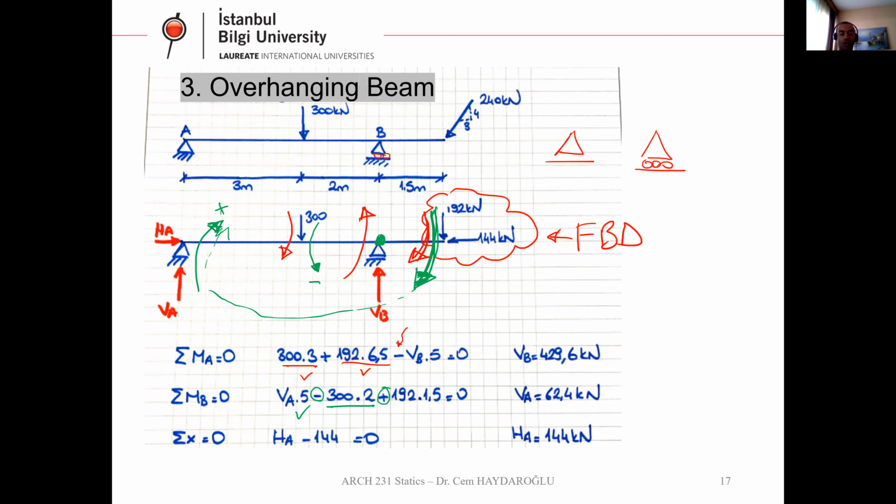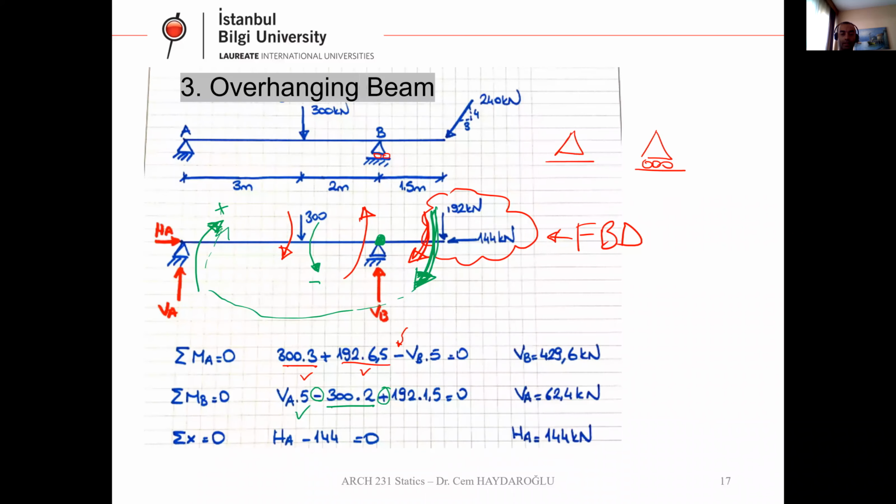Let's write HA, which is in positive direction, minus 144, which is in negative direction, equals 0. So we can calculate HA here. HA is 144 kilonewton. So as you can see, we have just calculated the support reactions for this overhanging beam.